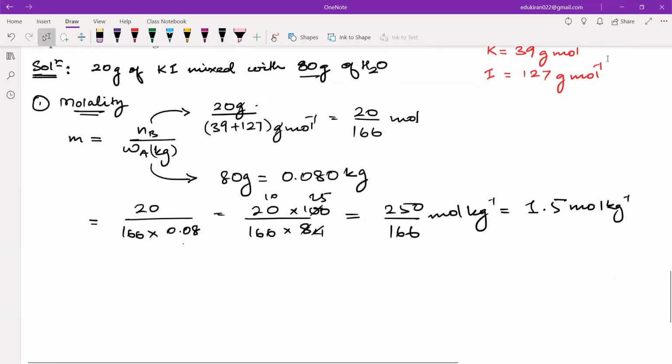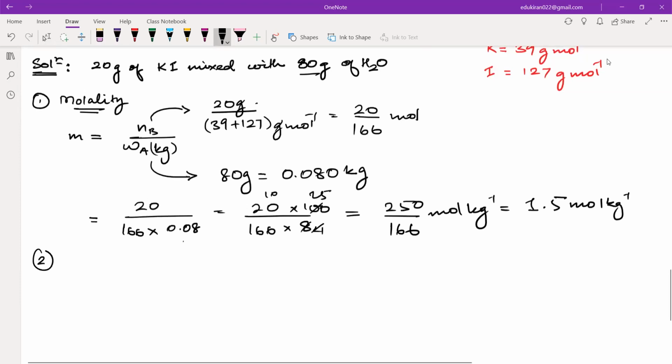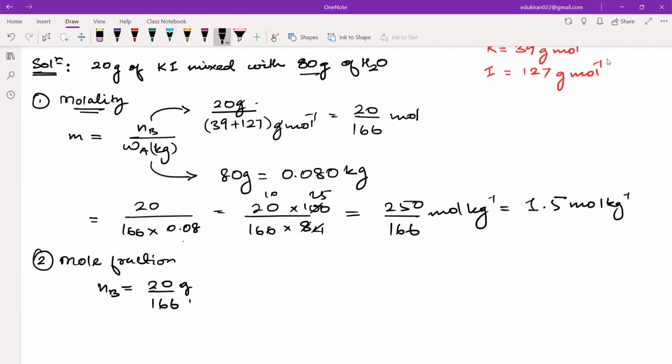Okay. Next is mole fraction. For mole fraction, you need n_B, which will be equal to 20 upon 166 moles, as it is grams per mole.